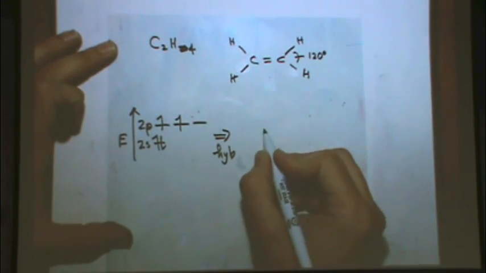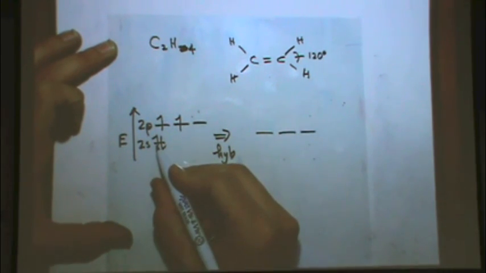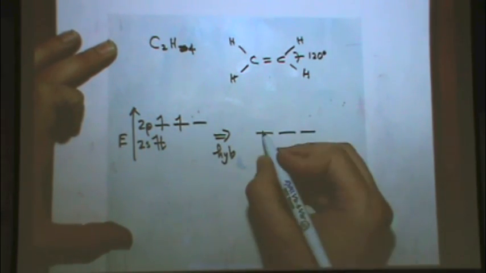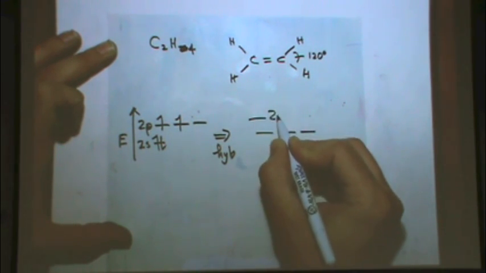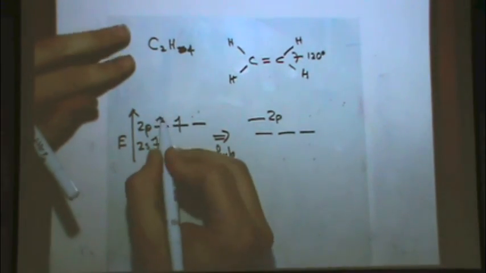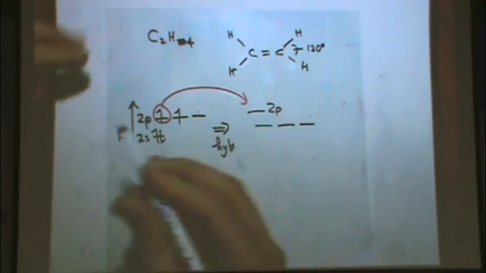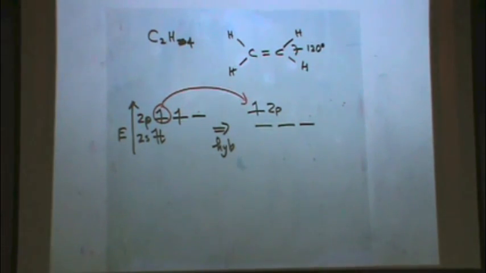Well, what we think happens is one of the s and 2 of the p's hybridize, and one of the 2 p's stays untouched. So one of these 2 p's right here doesn't move, it just stays as is, and keeps its electron.